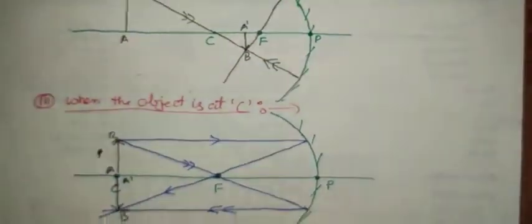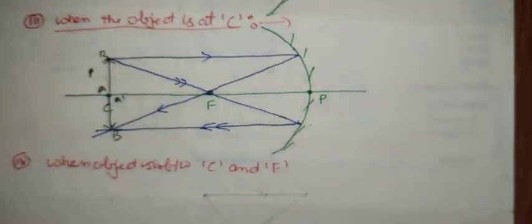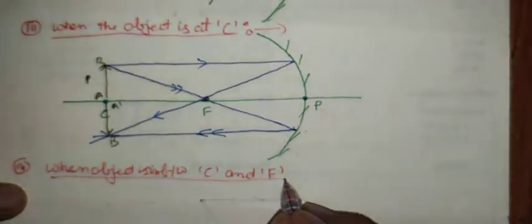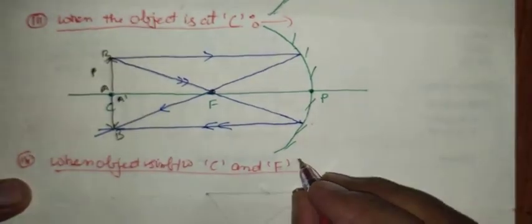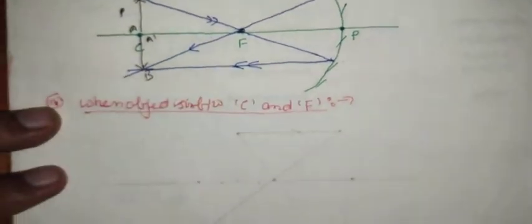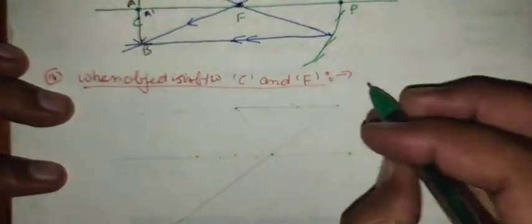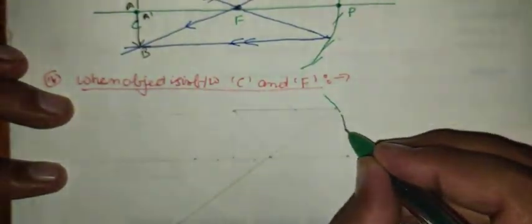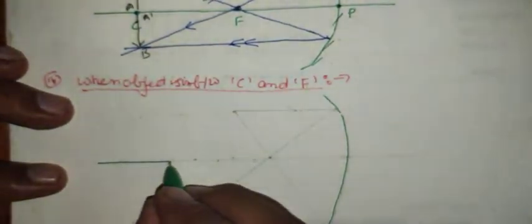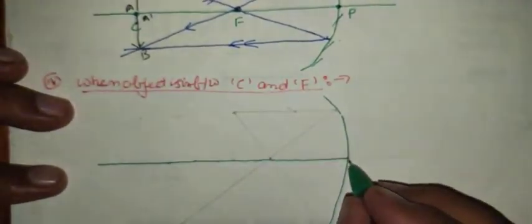Now we are going to see the fourth case. In this fourth case, the object is in between center of curvature C and focal point F. See here, take a concave mirror with the principal axis.